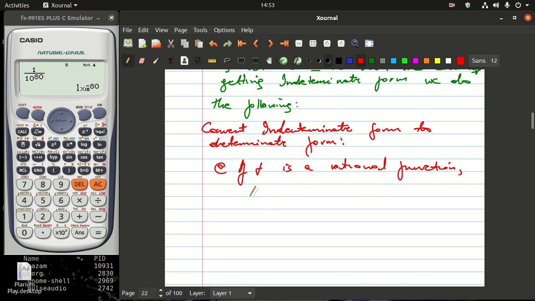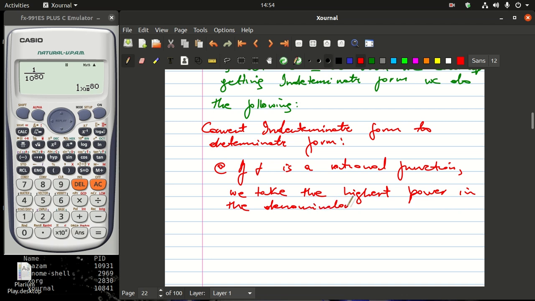So if we have that, what we do here, we take the highest power in the denominator. So we factorize both the numerator and denominator, but this factorization is unique in that we just want to factor out the highest power of the denominator in both the numerator and the denominator.